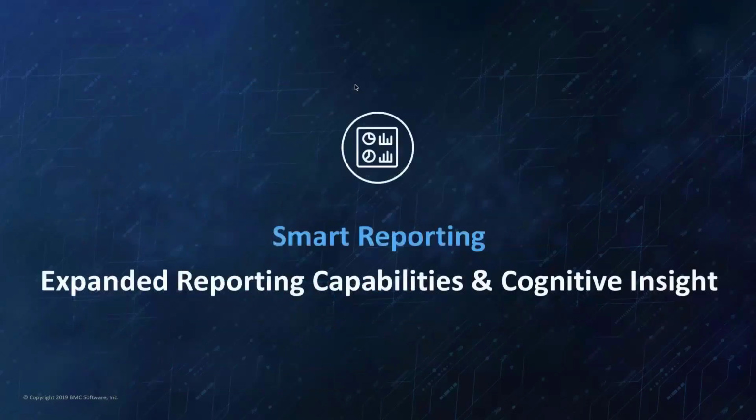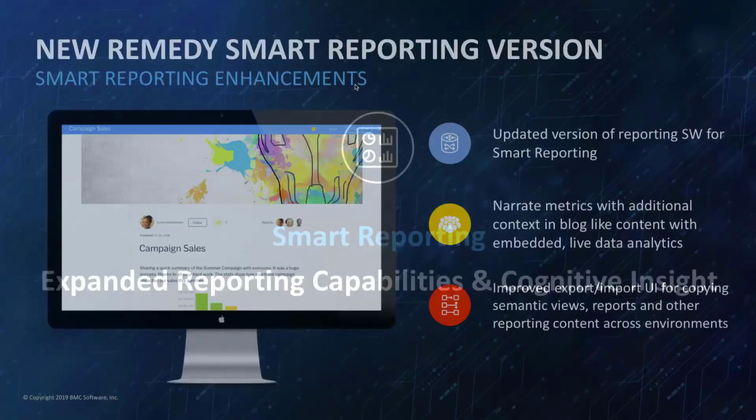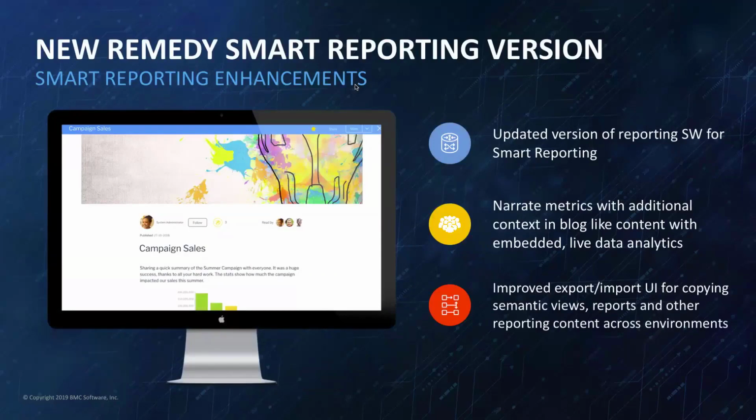So let me go through these 5 areas in a bit more detail that really reflect what we've delivered here in terms of innovation in the 19.02 release. And let's start out with smart reporting here. For smart reporting, 19.02 is really a significant new release, because we've updated the underlying smart reporting software to the latest major release of Yellowfin, right?